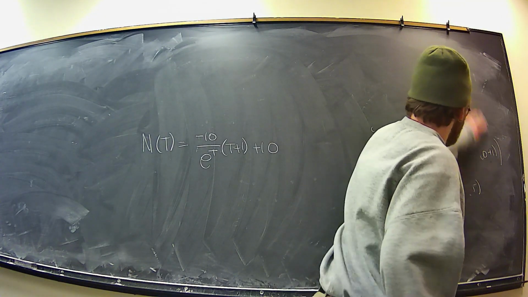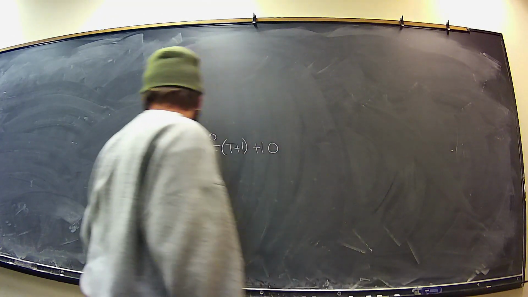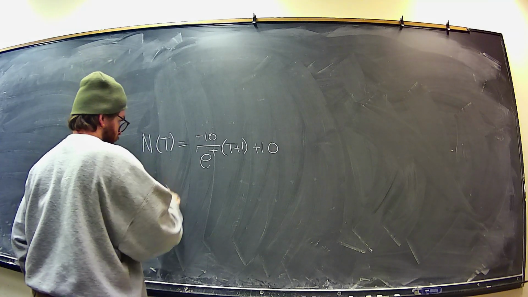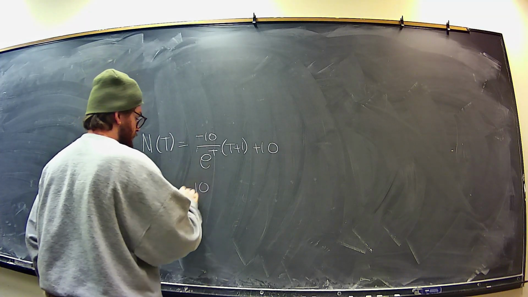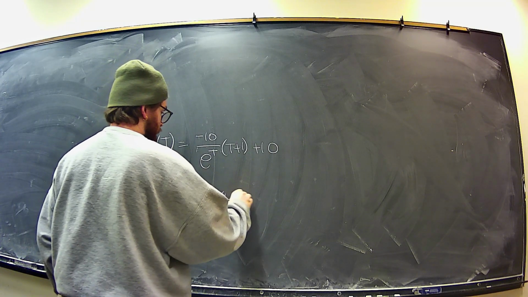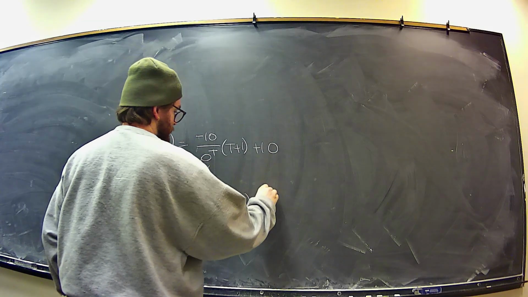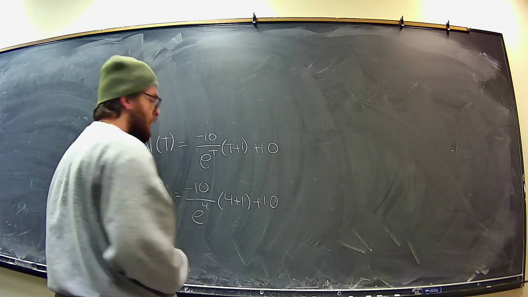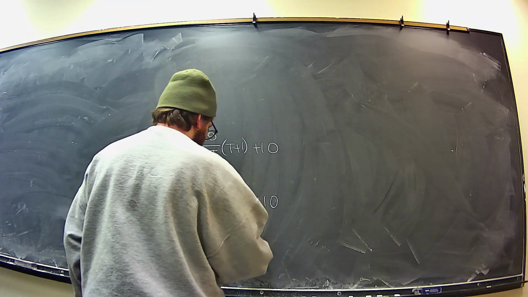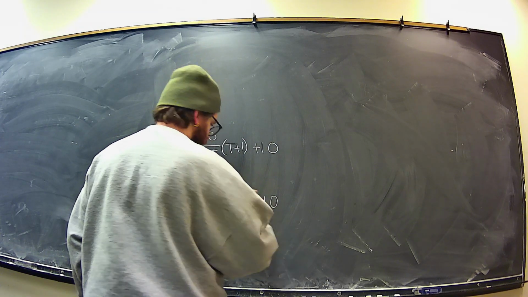Cool. And so n of 4 would just be negative 10 over e to the 4 times 4 plus 1 quantity plus 10. I'll let you plug that into your calculators. You should get about 9.08 or something like that.